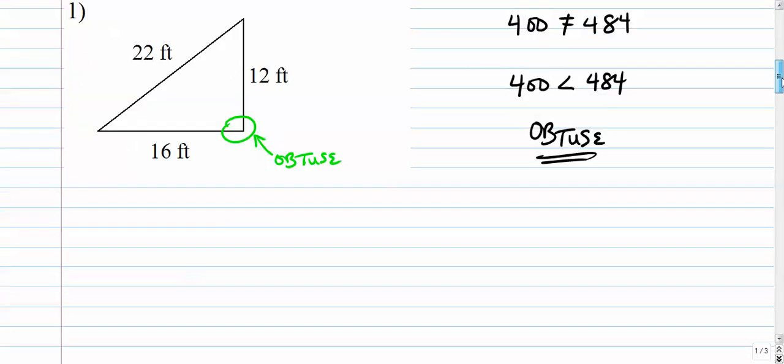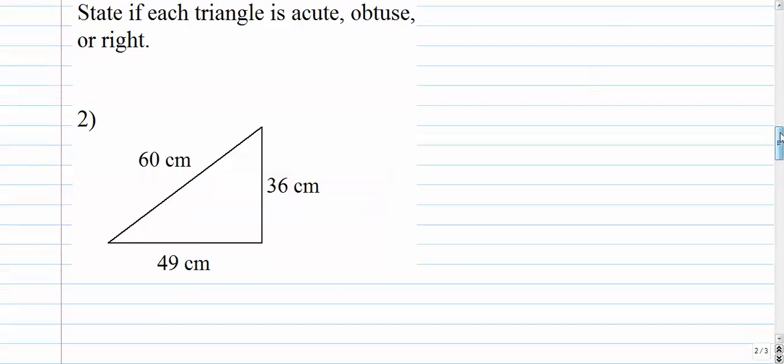All right, number 2. Same question. We're going to throw it through the Pythagorean theorem converse. We're going to see if it works in the Pythagorean theorem. When we do that, we use a question mark.